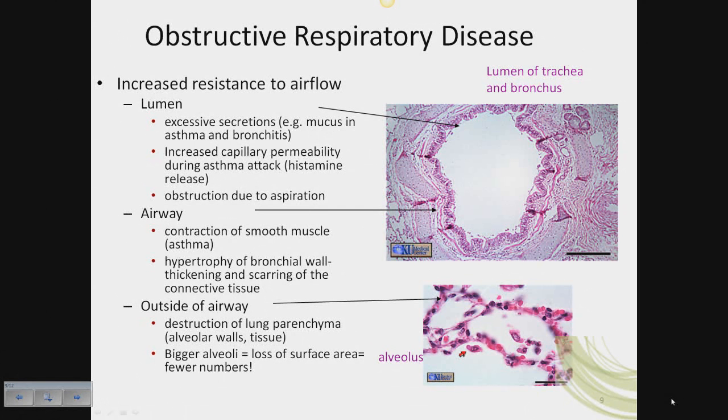And if we're talking about destruction of the lung parenchyma, then we're talking about destruction of alveoli, loss of alveoli or alveoli collapsing to turn into larger alveoli. And that means we're losing surface area. And loss of surface area means loss of opportunity for gas exchange, which means obstructive issues.